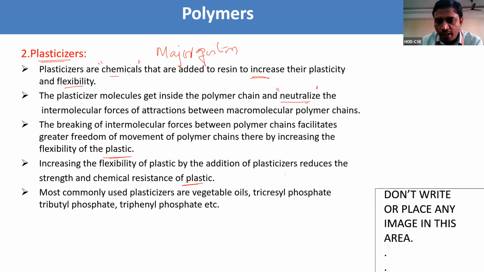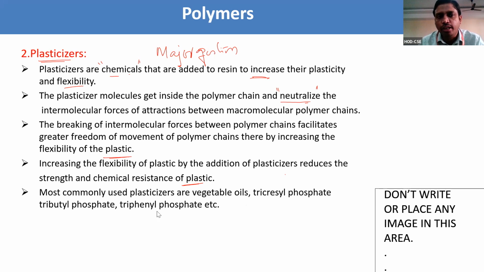The most commonly used plasticizers are chemicals or vegetable oils, tricresyl phosphate, tributyl phosphate, and triphenyl phosphate. These are the chemicals that are added to the resins to increase the plasticity and flexibility of the plastic. Here you can see the structures of tricresyl phosphate and tributyl phosphate.